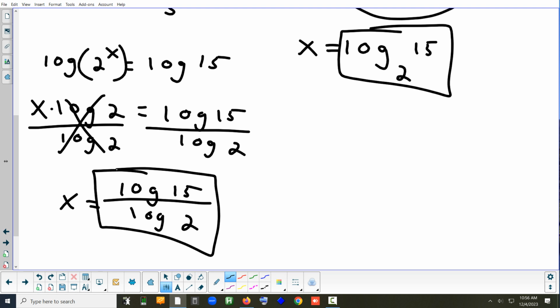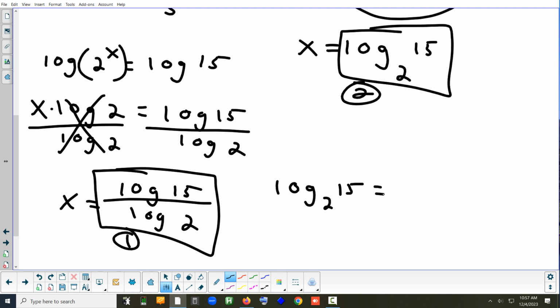That uses a base we don't know how to type in. So let's call that box 1. Box 1 is equal to x. And box 2 is also equal to x. They were the same problem. So what else does that mean? If box 1 is equal to x and box 2 is equal to x, then box 1 and box 2 are equal to each other.